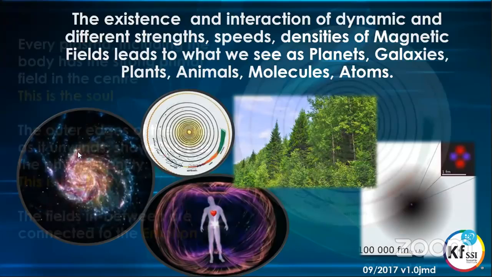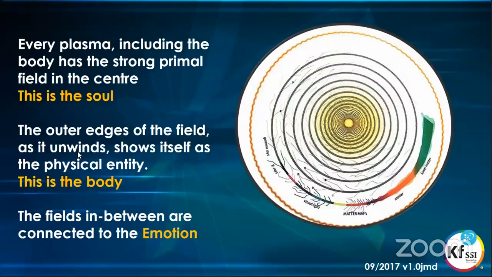And then, as we've shown before, but it's coming back just to refresh, when we look at it ourselves as man, we know, and we've been taught, that the soul is our center, our central primal field strength. So we are a plasma, and so we have our strong primal field in the center, which is our soul.